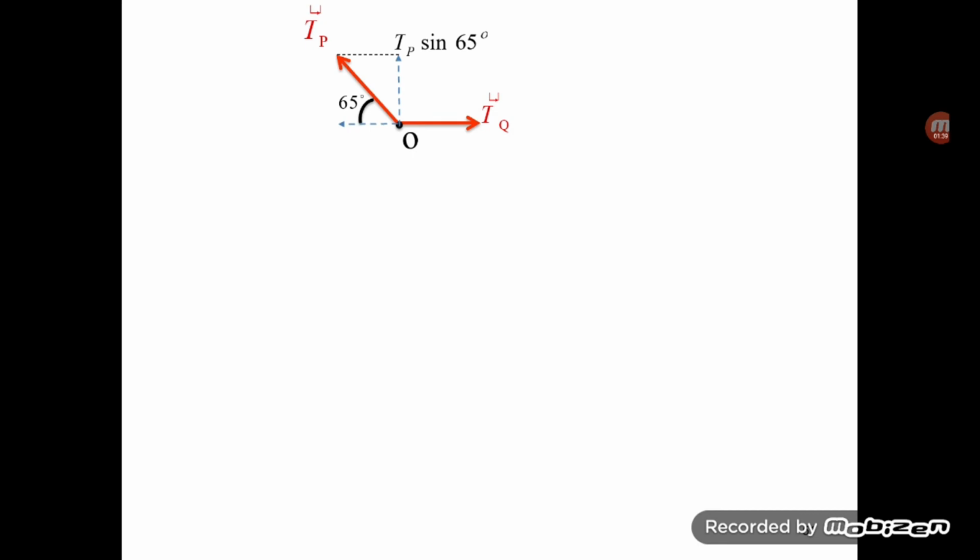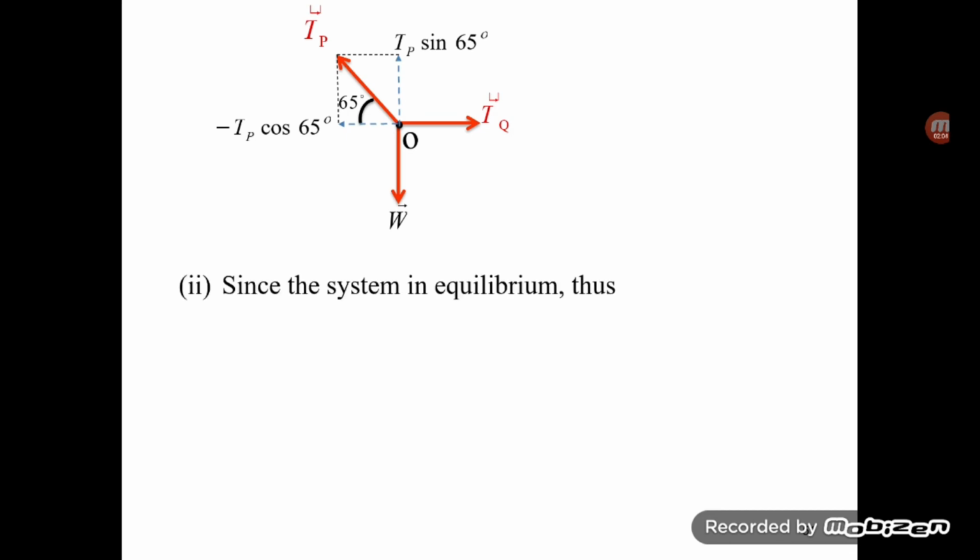T in the Y component is TP sine 65 degrees, and the X component is negative TP cos 65 degrees, and weight in component Y. Since the system is in equilibrium, summation of Fy is equal to 0.